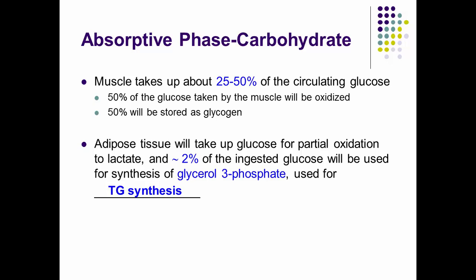And adipose tissue takes up glucose, usually also partially oxidizing it to lactate. About 2% of the glucose taken up in adipose tissue is used for synthesis of glycerol 3-phosphate. This, we know, is the substrate for the synthesis of triglyceride.